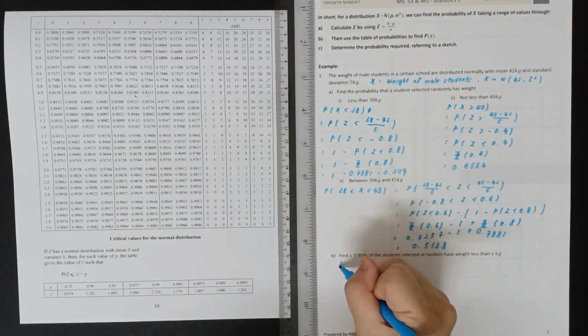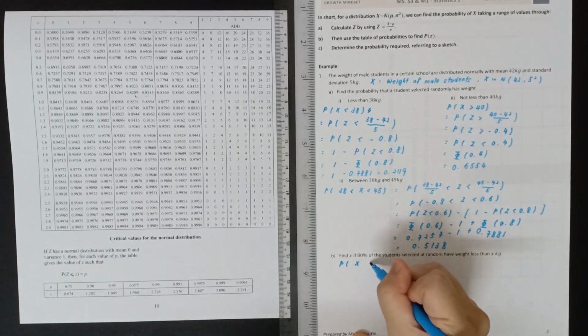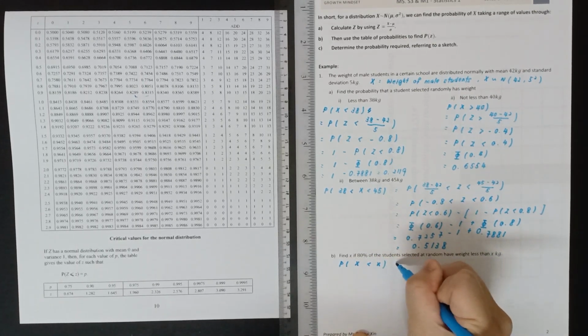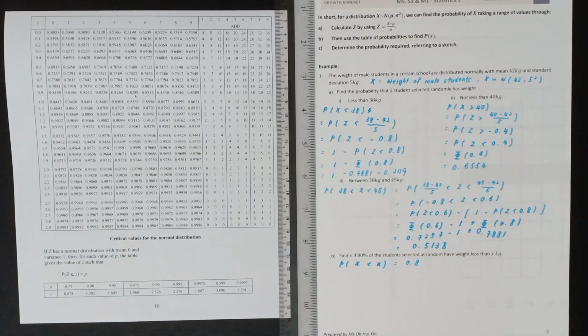80% of the students selected at random have weight less than x kg. It means that the probability for me to get someone with weight less than x equals 0.8. Basically, the probability for me to find a student that has a weight less than x kg is 0.8.